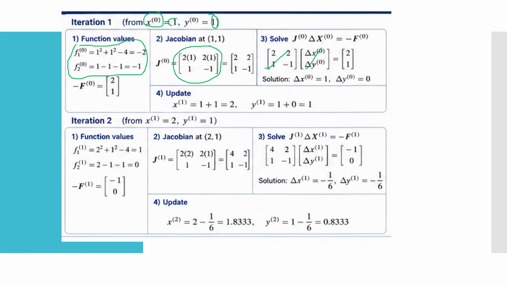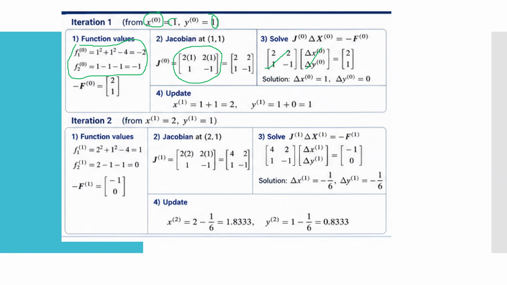So by solving for the change in x and the change in y, we can calculate a new updated value. This can be obtained by multiplying both sides by the inverse of the Jacobian matrix.